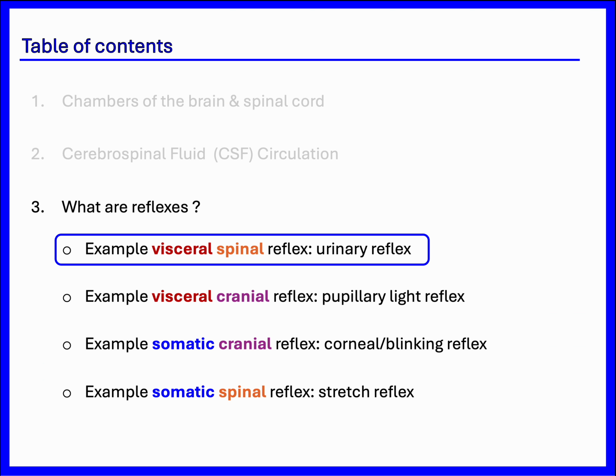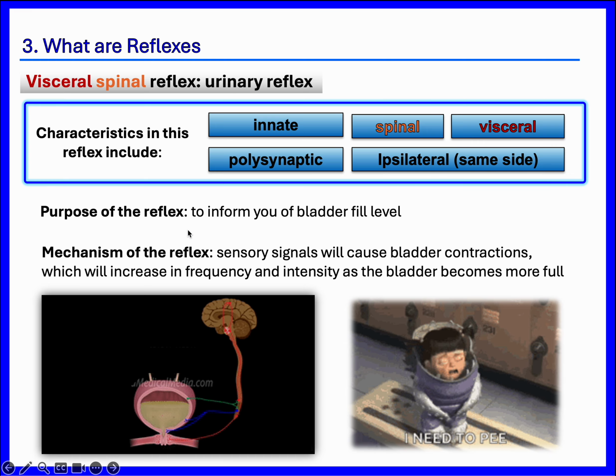Now I'm just going to give you 4 examples of certain types of reflexes, and then we will call it a day. So here you have the visceral spinal reflex. We're going to see the example of the urinary reflex. First of all, this visceral spinal reflex, the urinary one, it's innate, right?